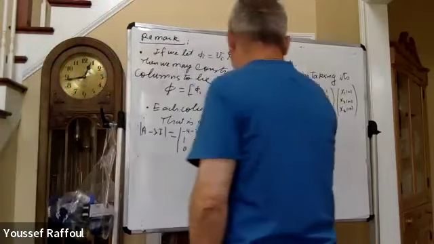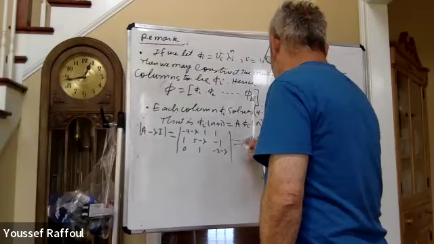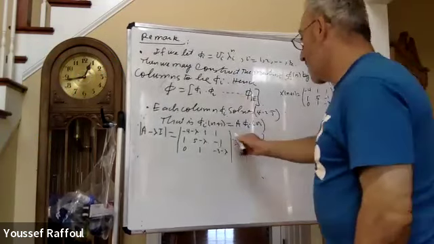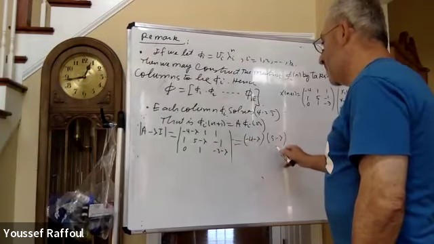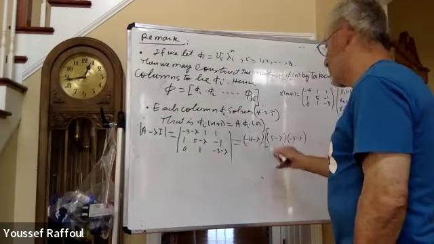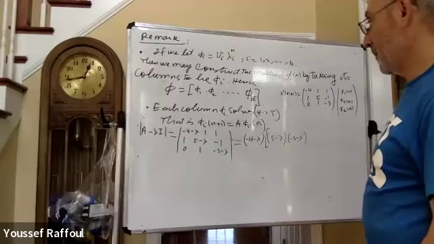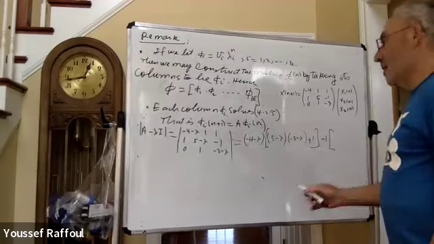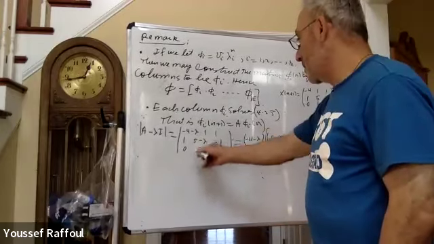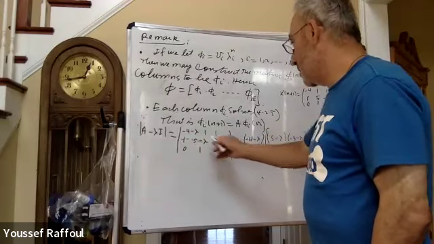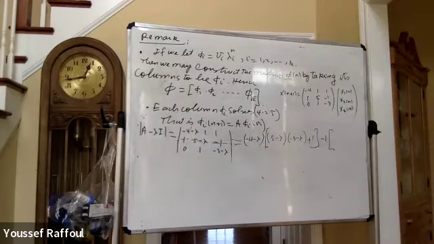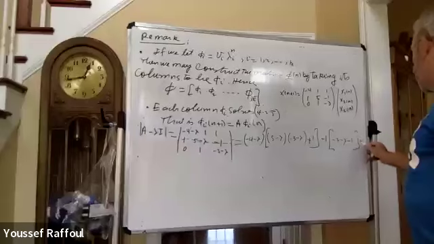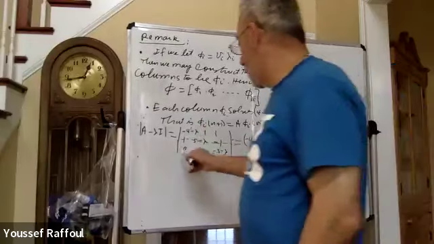And that is minus 4 minus lambda times (5 minus lambda)(minus 3 minus lambda) plus 1 times (minus 1)(minus 3 minus lambda) minus 1 equals 0. I did it along the first column.